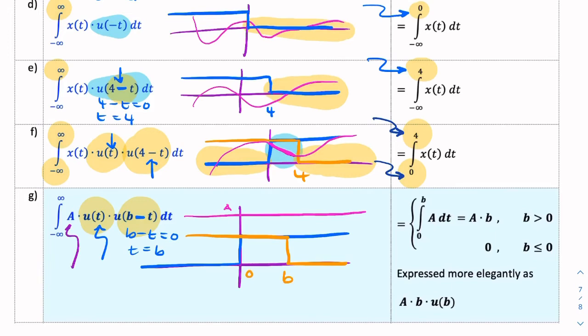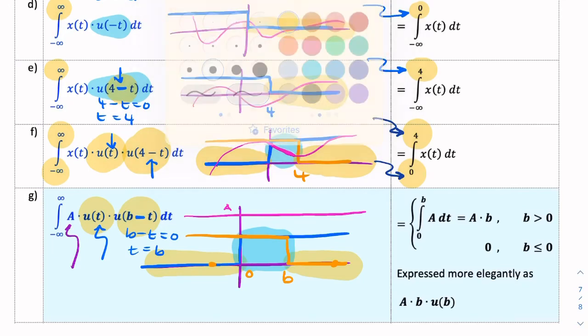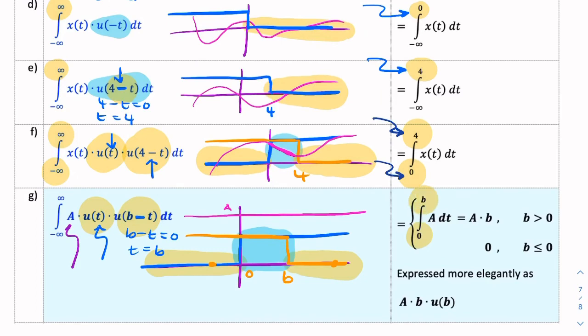So if I multiply these 3, when is it non-zero? Well, it's 0 for time greater than b, and it's 0 for time less than 0, because here we're multiplying by 0, and here we're multiplying by 0. So it's only non-zero for this brief period between 0 and b. So that's why we can write the answer like this: integral from 0 to b of a dt.